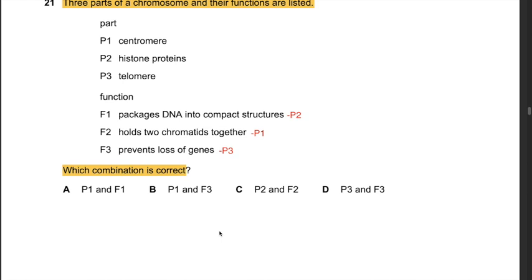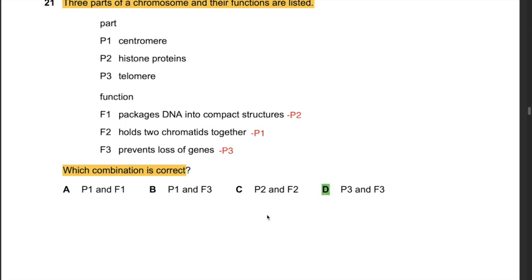If you go to the parts and the functions, P1 matches to F2, therefore that is one possible combination. However, P1 and F2 is not given as a combination in the answers. Therefore, let's go to another combination. Telomere, it prevents the loss of genes, therefore P3 matches to F3. And yes, P3 and F3 is given as a combination as an answer, therefore the answer is D, P3 and F3.